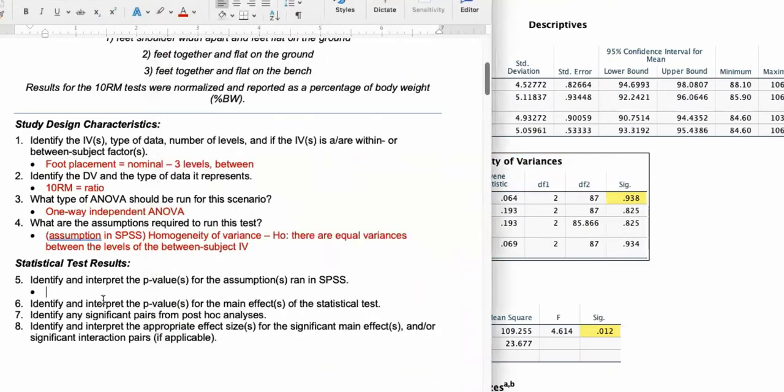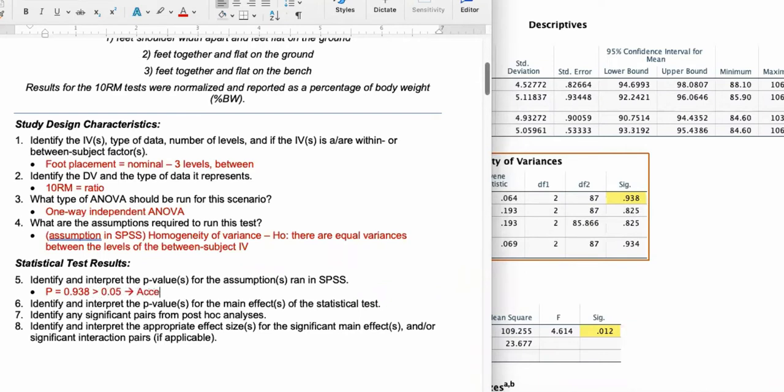Okay, so similar to our activities on the exam, I likely will phrase your questions like this, or they might be multiple choice, similar to what you've seen in quizzes, where it'll give you a p-value and an interpretation. You just have to match the p-value and interpretation to whatever is on par with the output results. But in this case, p is equal to 0.938, which is greater than 0.05.